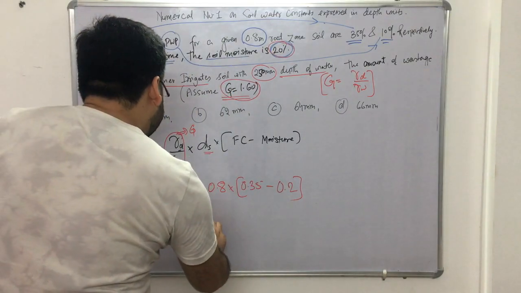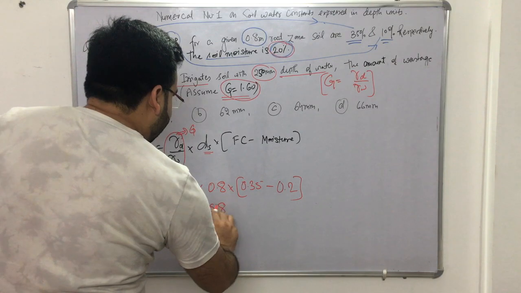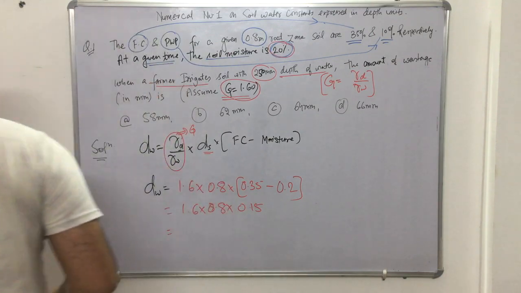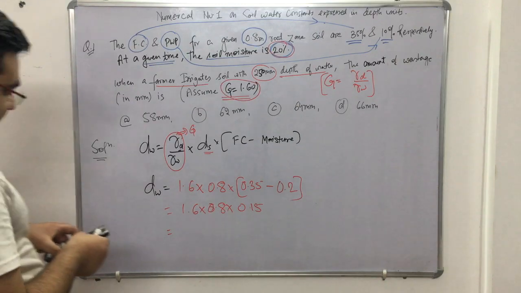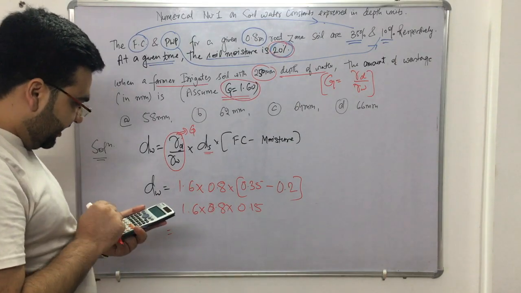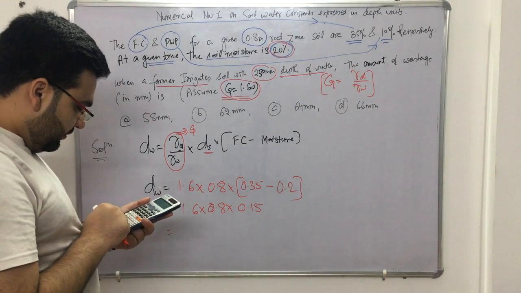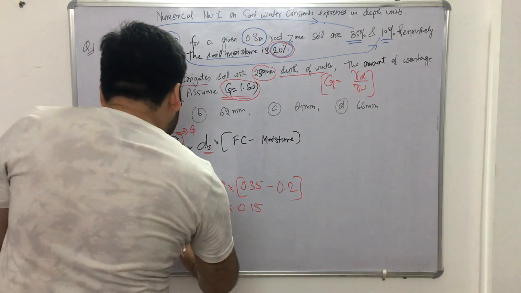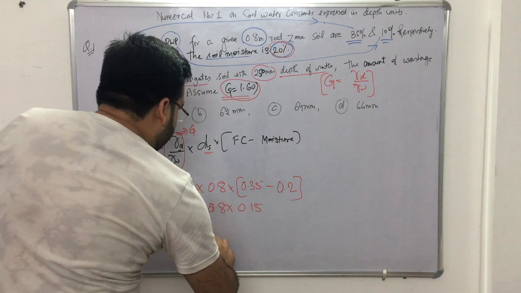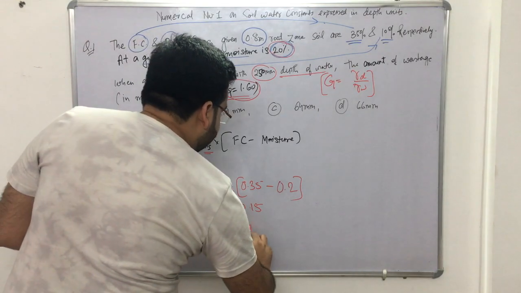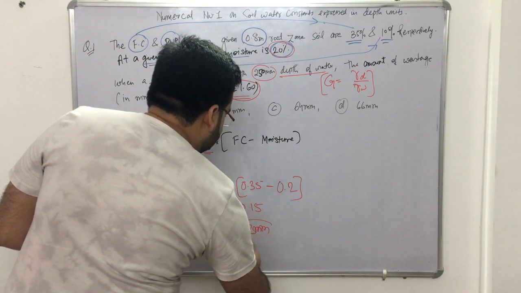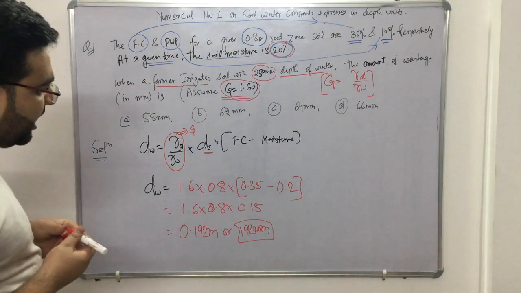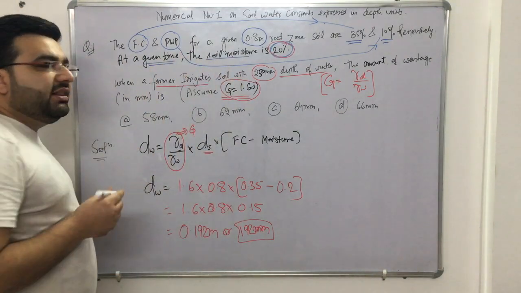So 1.6 into 0.8 into 0.15 comes out to be 0.192 meters, or 192 mm, which is the correct value. So 192 mm is the optimum water depth required for this type of soil.